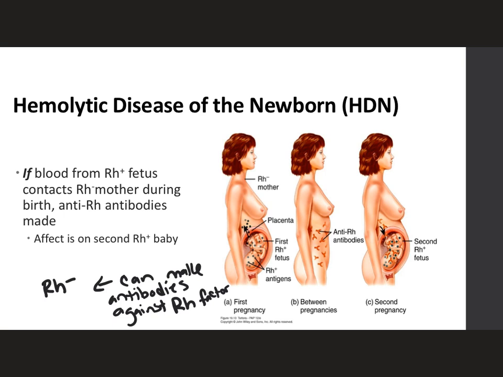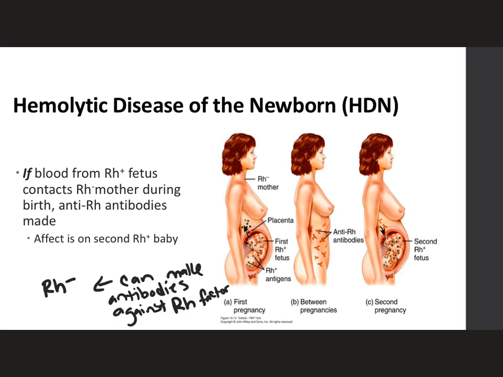But unlike the ABO blood group that we were talking about before, these antibodies are not naturally found, they have to be made, okay? And that leads us to something called hemolytic disease of the newborn. This is what happens if an Rh negative mother is pregnant with an Rh positive fetus. It will not happen the other way.